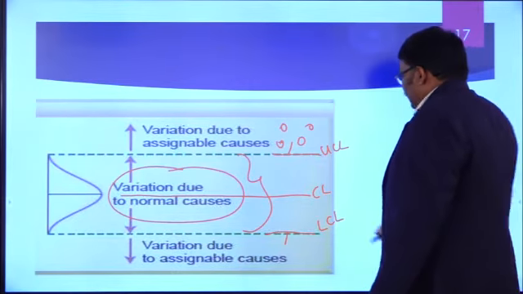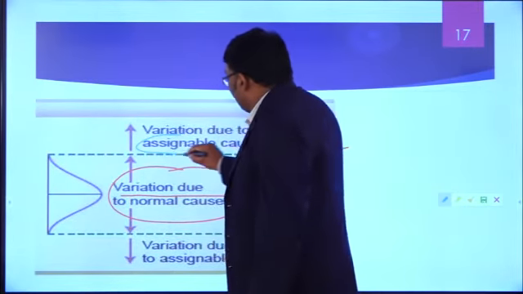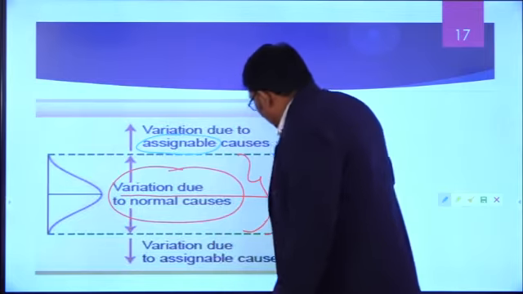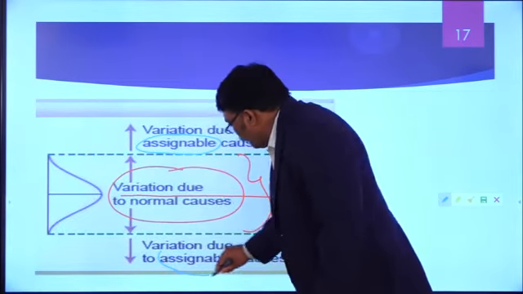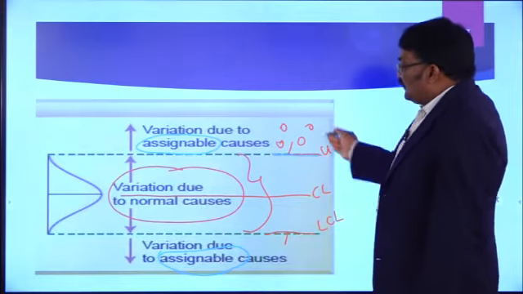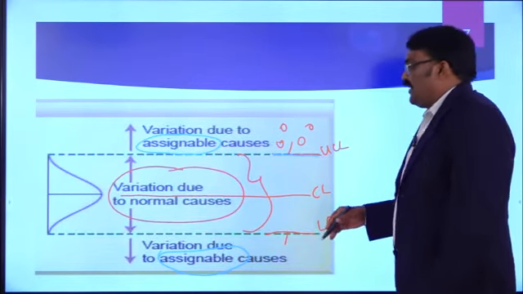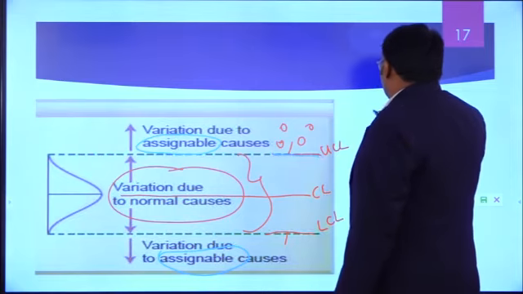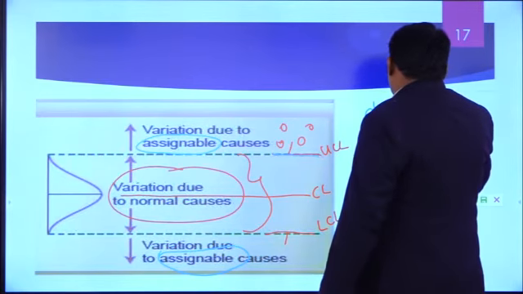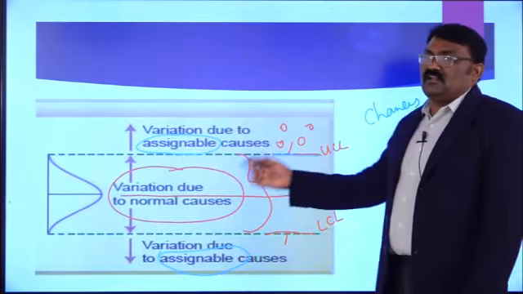So, above this level it is because of the assignable causes, and below this level is also because of assignable causes. Other than this, wherever the defects are happening, those will come under the chance causes, which are not at all in our control.